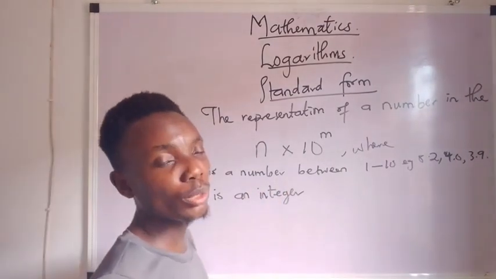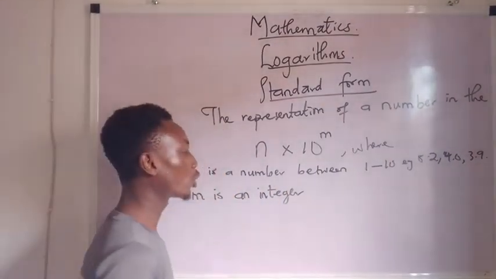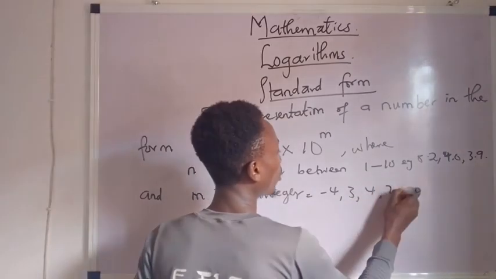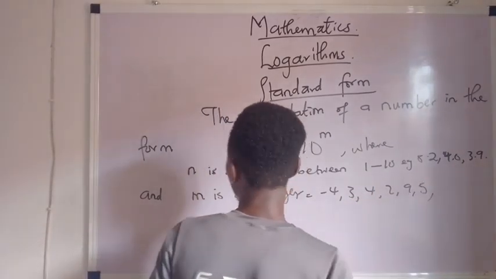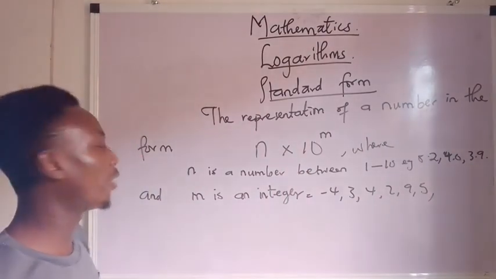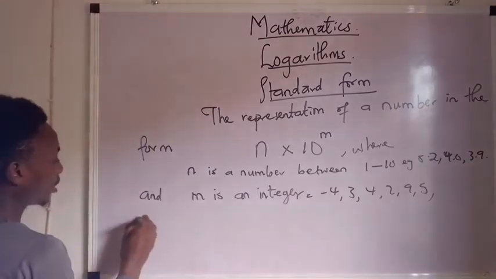Now, we say integer, it could be a positive or a negative whole number. So -4, 3, 4, 2, 9, 5, etc.